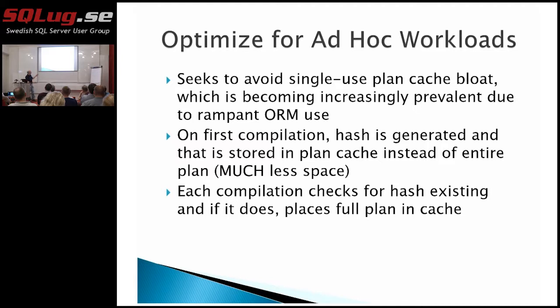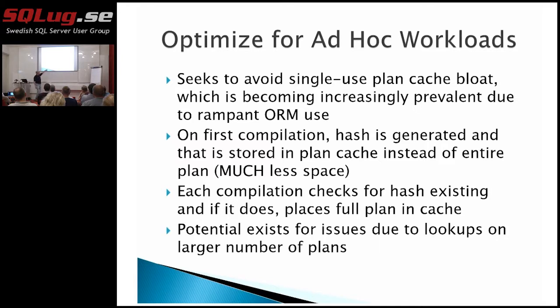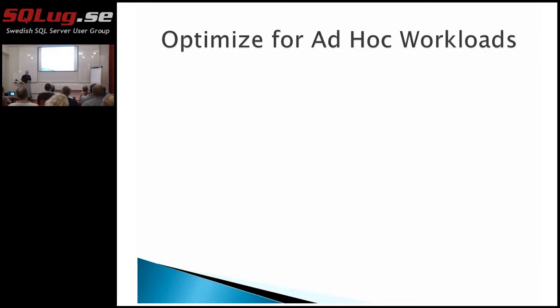So the bad thing is that sometimes you can get a lot of the little hash guys in there, and now your performance can go south because the lookup of the hash table can be slow. So there's not always a right answer here.